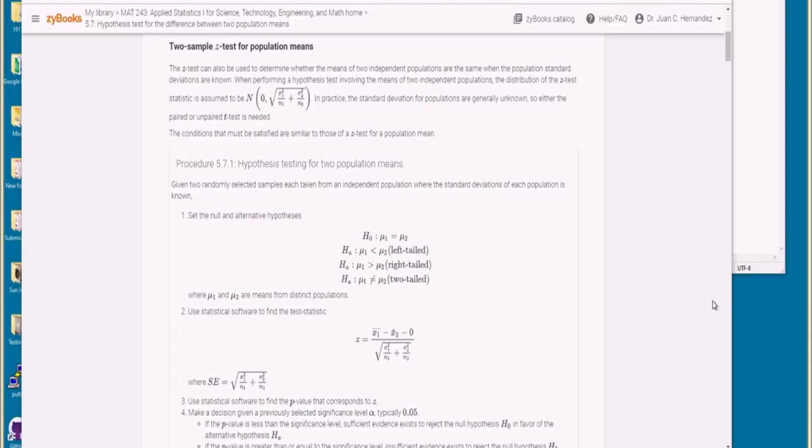So Professor Wan, why do we need to test two population parameters? What is the idea behind performing a hypothesis test, for example, in this case, for the difference between two population means?